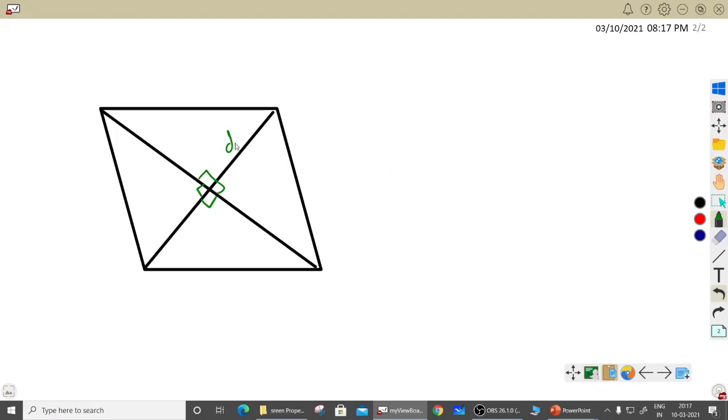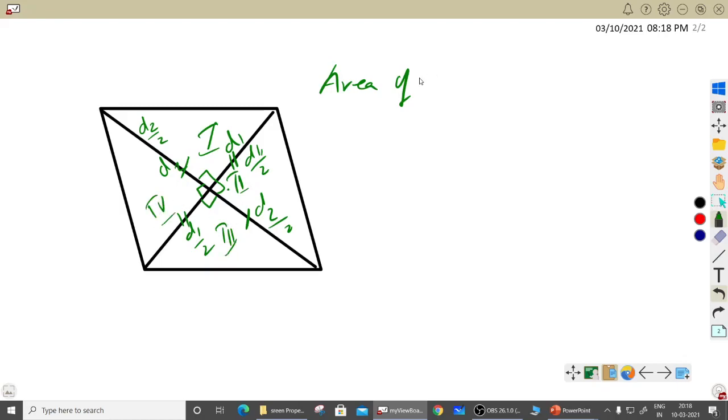If we name this as D1, this as D2, half of it is D2 upon 2 here, D2 upon 2 here, because this is equal to this. This is equal to this, so this is D1 upon 2, and this is also D1 upon 2. All these are right angled triangles having sides D1 upon 2 and D2 upon 2. So the area of 1, 2, 3, 4 triangles together will make the area of the rhombus ABCD.